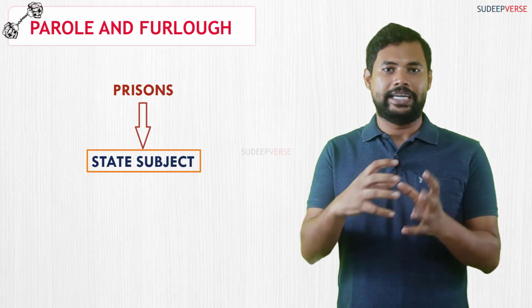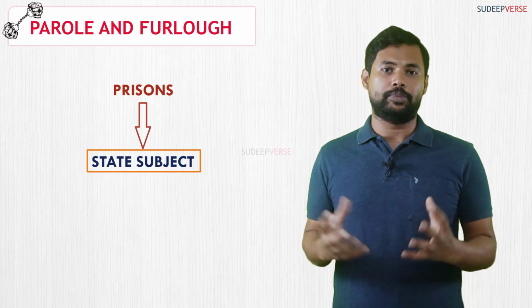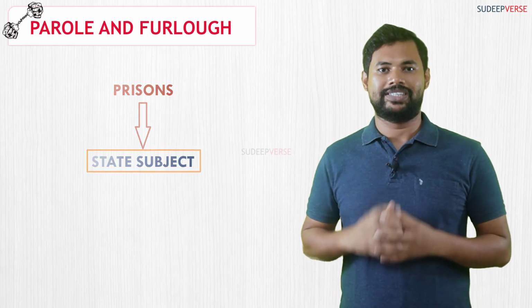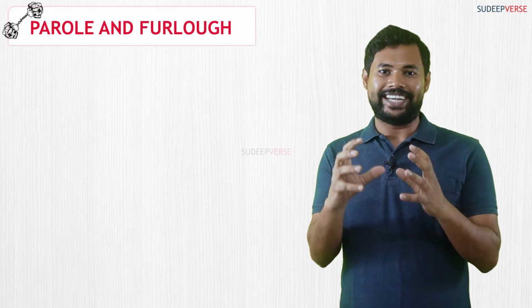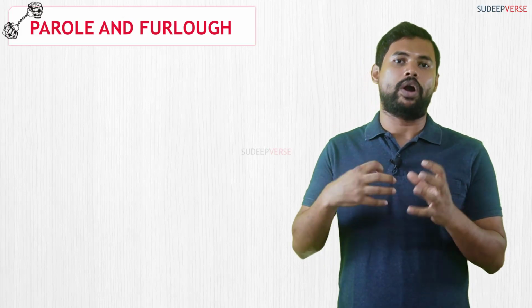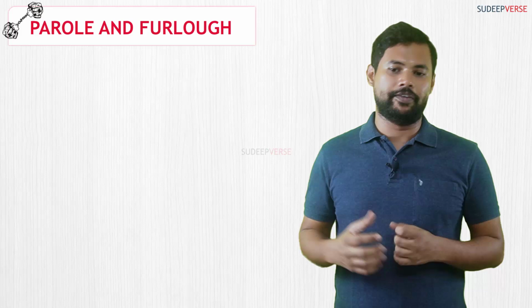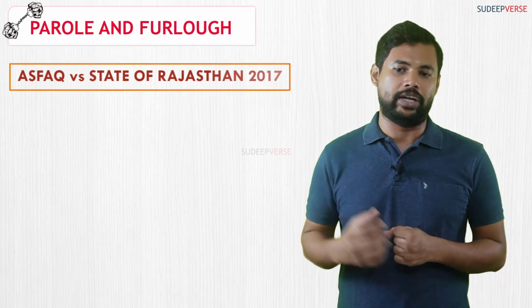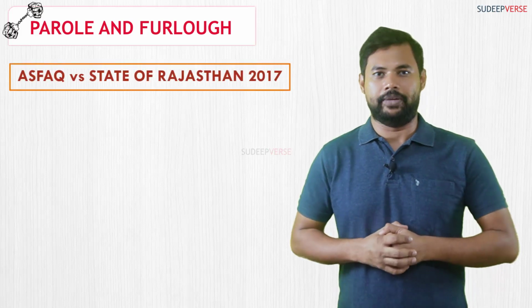However, at the conceptual level, parole and furlough are the same. The set guidelines or principles on what is parole and what is furlough are given by the Ashfaq versus State of Rajasthan case in 2017.